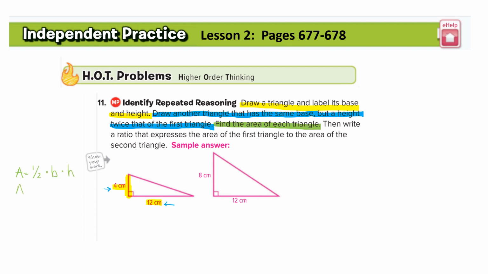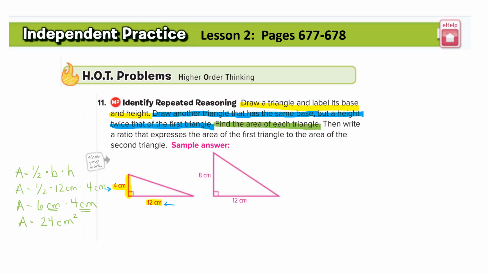So the area equals 1/2 times 12 centimeters times 4 centimeters, which is 6 centimeters times 4 centimeters. So the area equals 24 centimeters squared, because it's centimeters by centimeters.